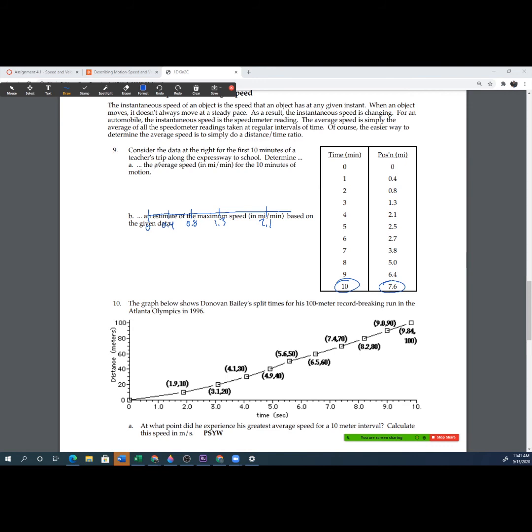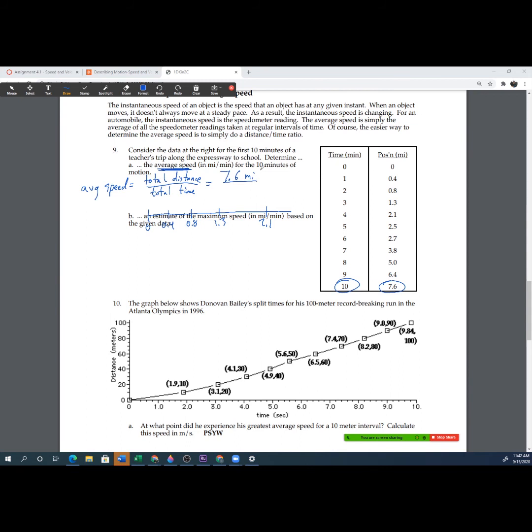So, if that's asking you for the average speed, and again, this is a problem from your homework, I'm not going to do the whole thing for you, but I'm setting it up for you. What you want to know for average speed is going to be the total distance that this person has traveled divided by the total time. So, the total distance, what you just gave me, is 7.6 miles.